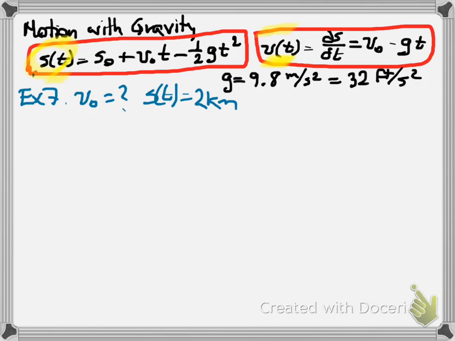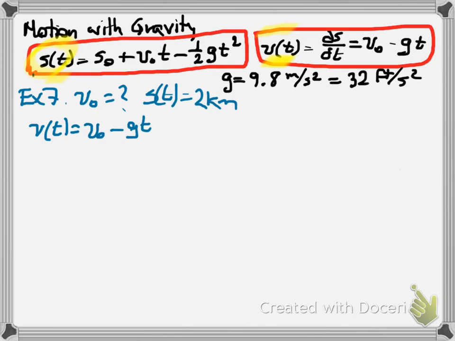We need the formula as a function of initial velocity. Remember that the velocity equals the initial velocity minus gravity times the time. Based on that, we can solve for the initial velocity.